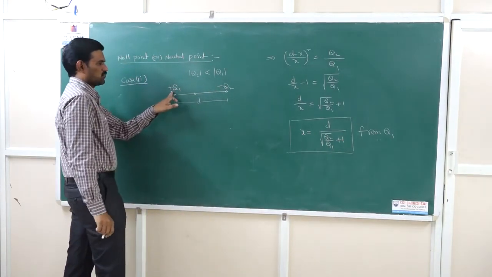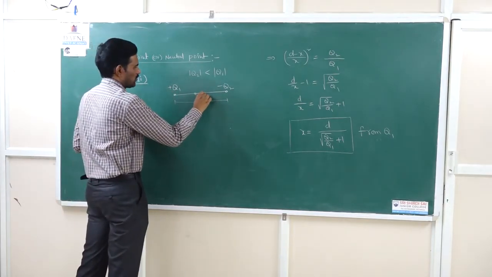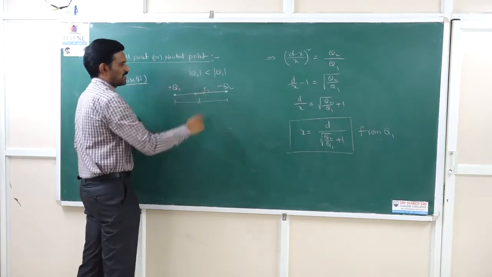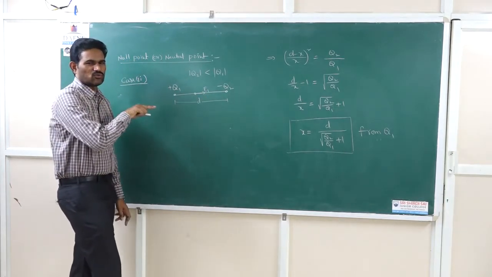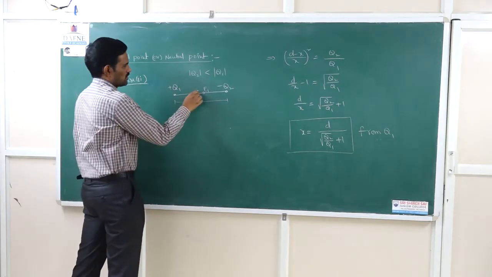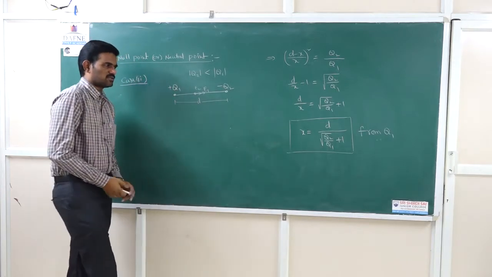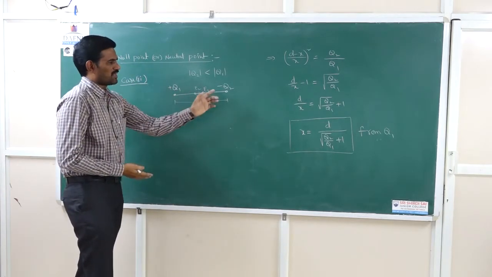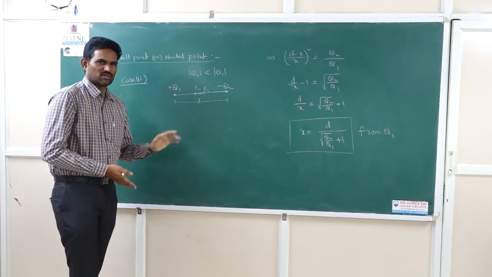Electric field due to this Q1 is away from the charge, so it is along this direction, and electric field due to this Q2, which is a negative charge, is towards the charge, so E2 will also be in the same direction, right? So both are in the same direction, so there is no chance of getting the neutral point in between the charges, right?